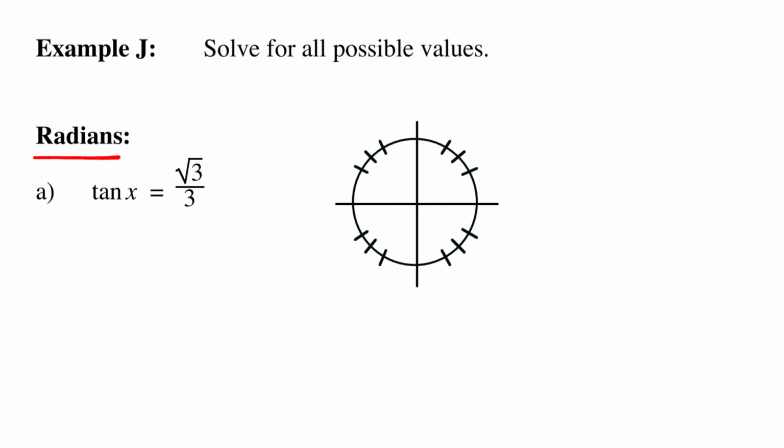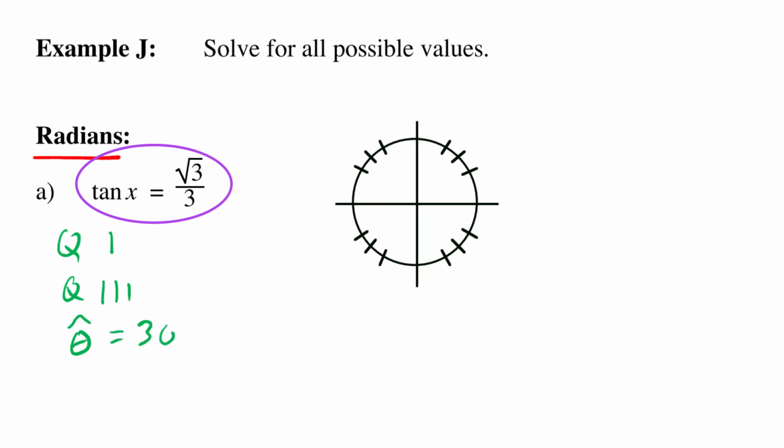Now let's do the same thing for radians, where tangent of x is the square root of 3 over 3. And being positive, that's quadrants 1 and 3 for tangent. And theta hat is 30 degrees, or pi over 6. So pi over 6 in quadrant 1 and 7 pi over 6 in quadrant 3.